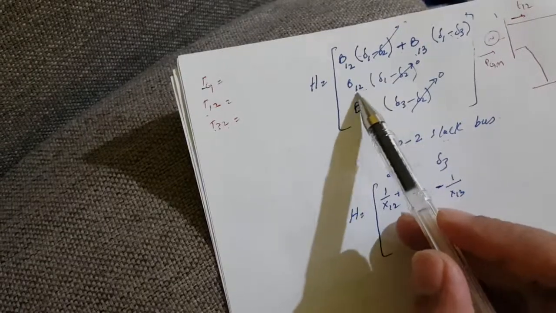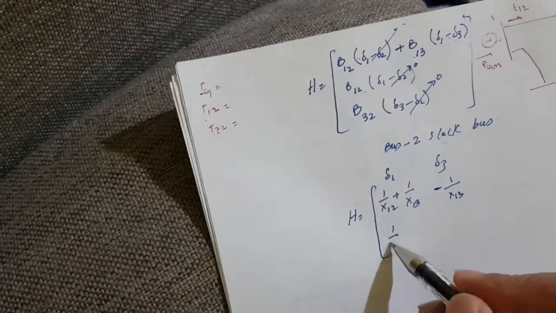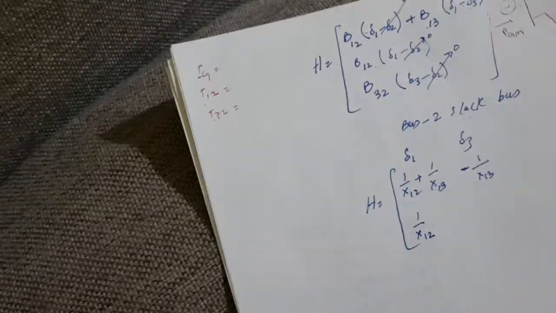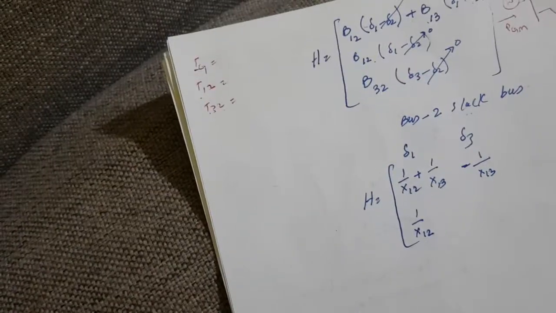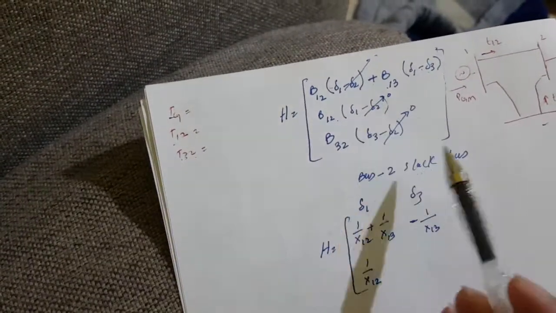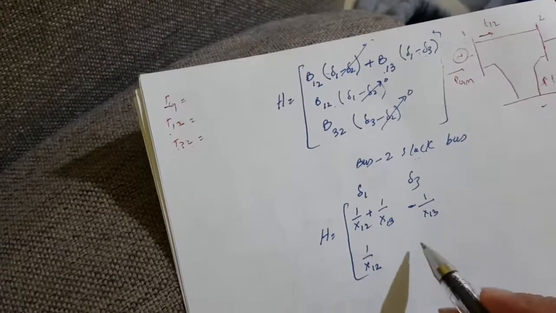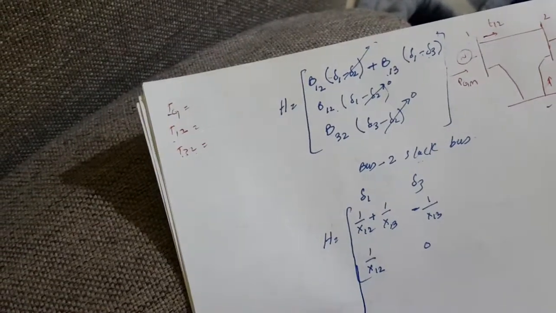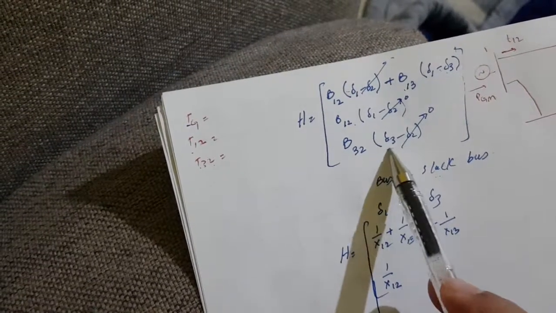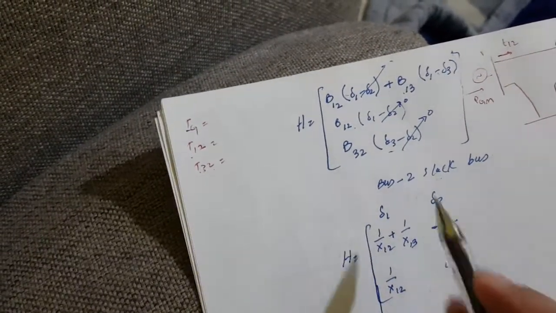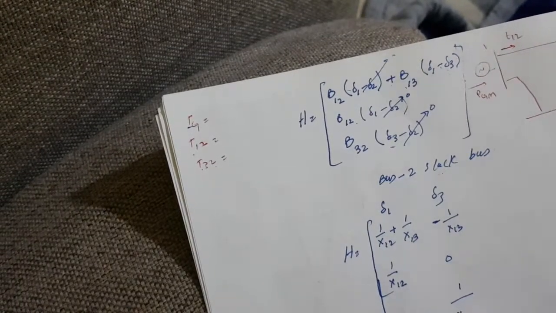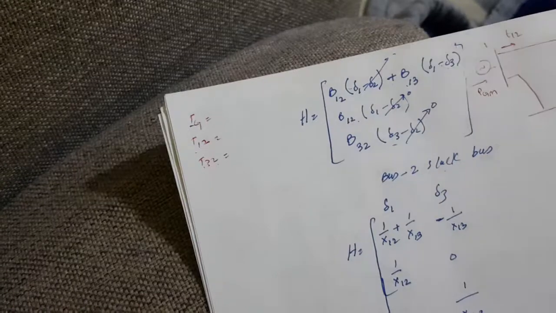Similarly, for T12, delta 1 is B12, in other words 1 over X12, and delta 3 in this case is 0. And for the third one, for delta 3, delta 1 is 0, delta 3 is 1 over X32, or X23, it's the same thing.